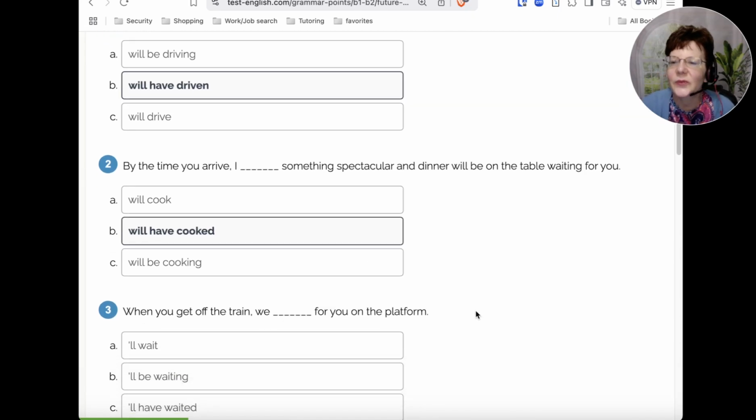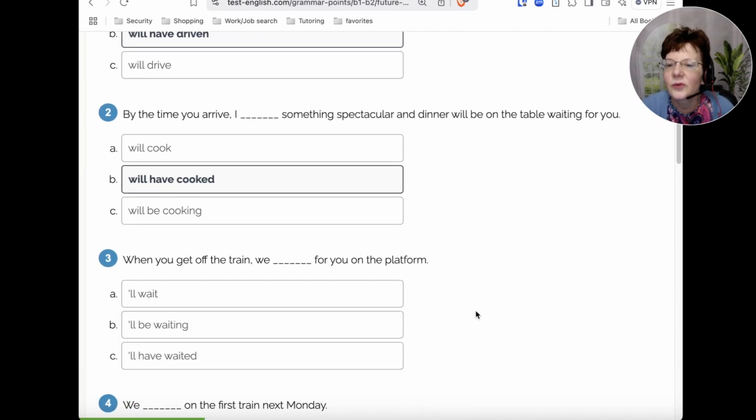All right, number three. When you get off the train, we will wait, will be waiting, or we will have waited for you on the platform. Okay, so this one, in this case, would be the continuous.